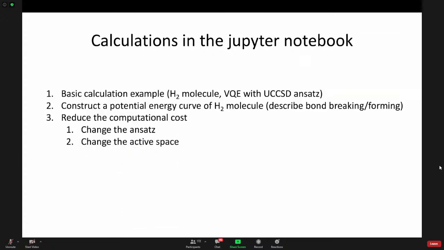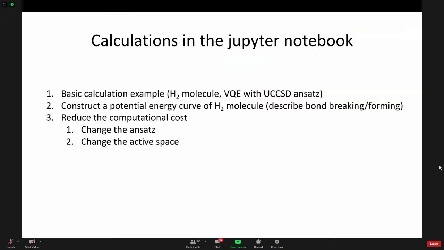Okay, so I have prepared 3 sets of examples in a new Jupyter notebook that I'm going to share after a few slides. First, I have a base calculation setting with a hydrogen molecule with a VQE with UCCSD ansatz.